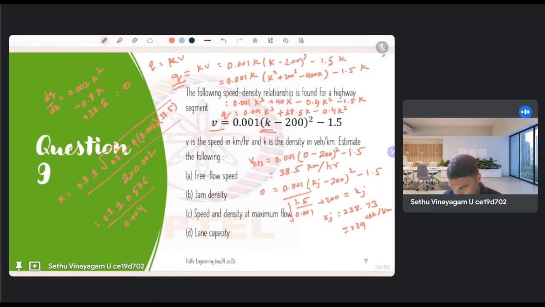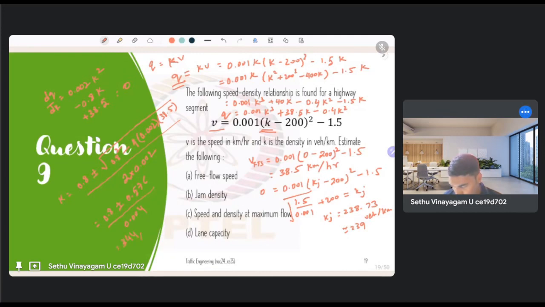So 0.8 plus that gives 344. Okay, one root.